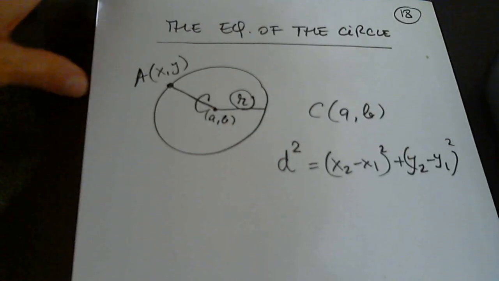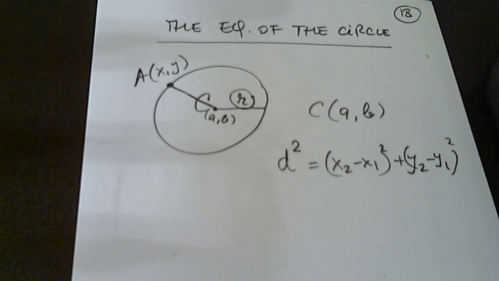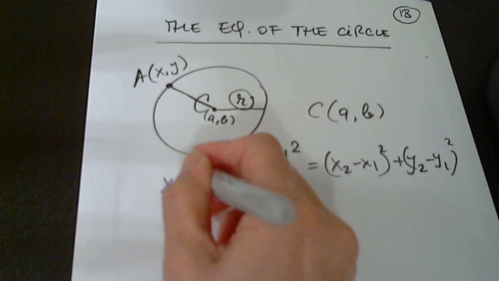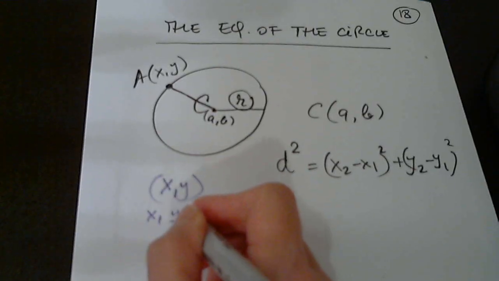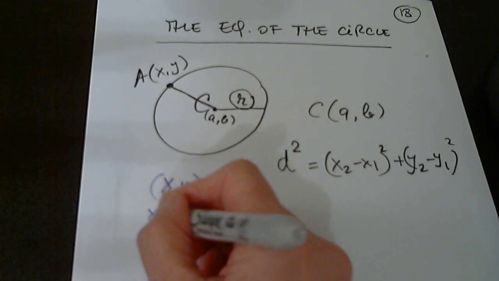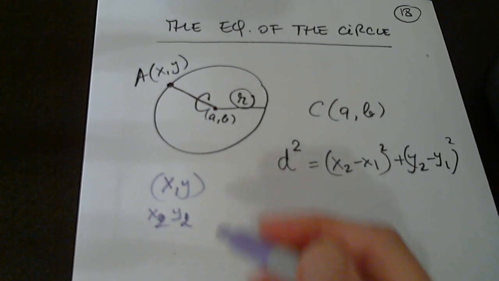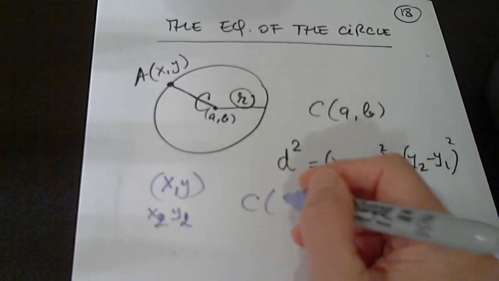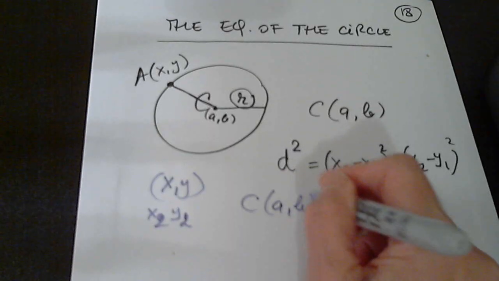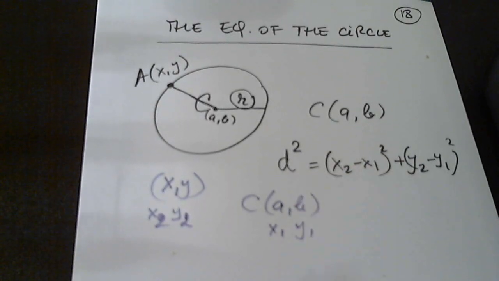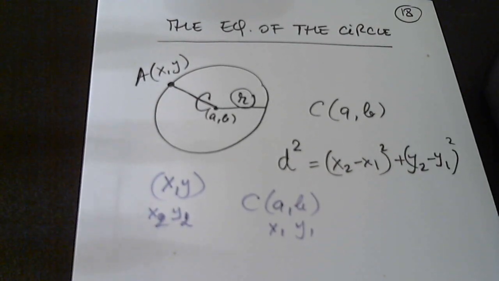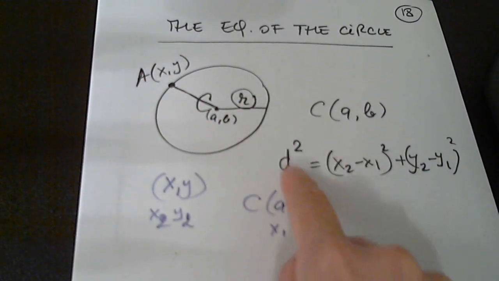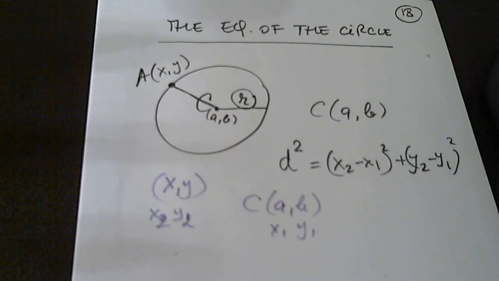So from the distance formula, all I have to do is use x comma y as x2, y2, and I'm going to use C, a comma b, as x1, y1. That's all I'm doing. I'm writing the distance formula, knowing now that the distance is basically the radius squared.